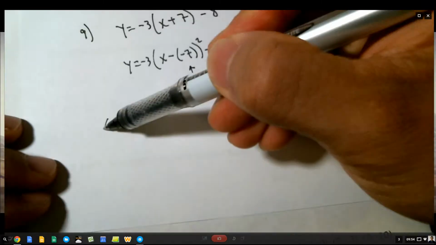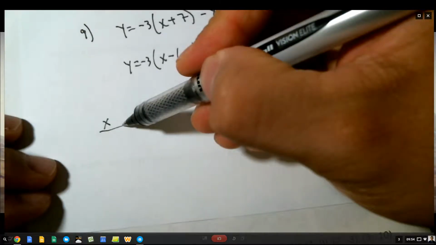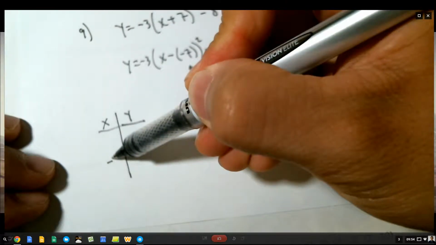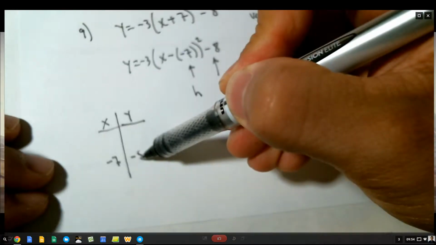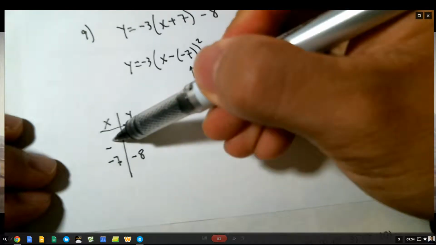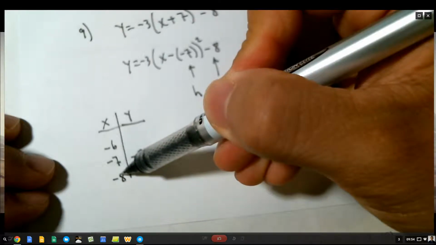So let's draw a little table. The vertex is negative 7, negative 8, and let's pick some points on either side of it: negative 6 and negative 8.